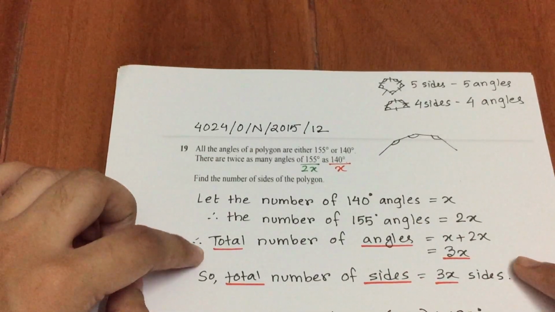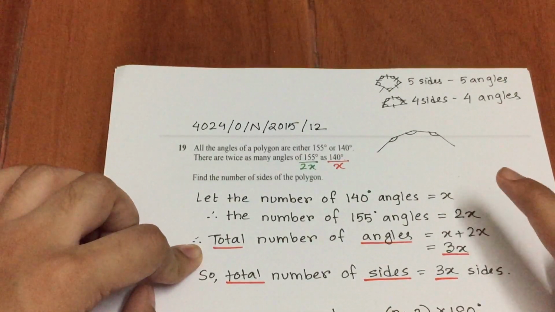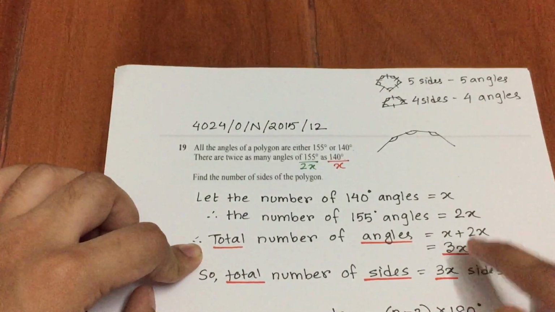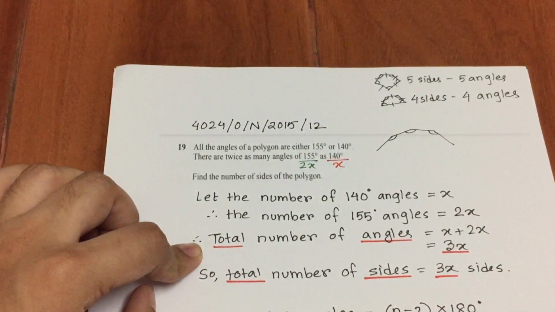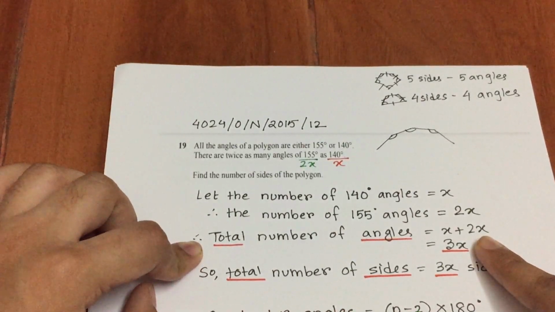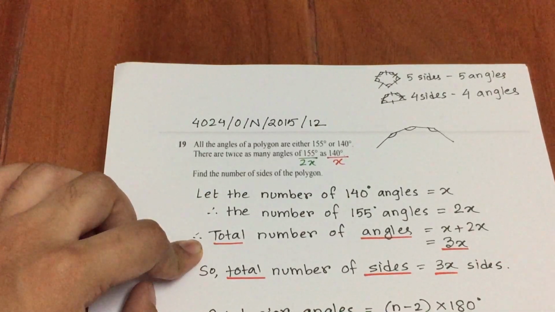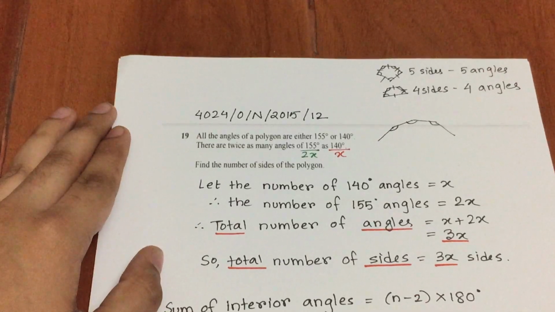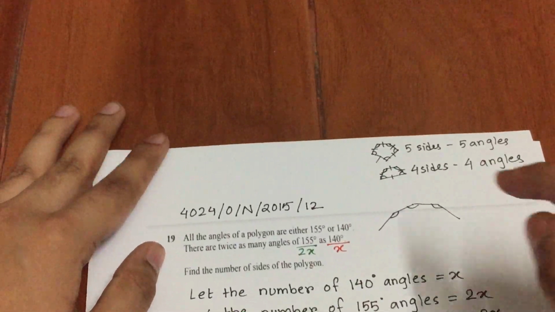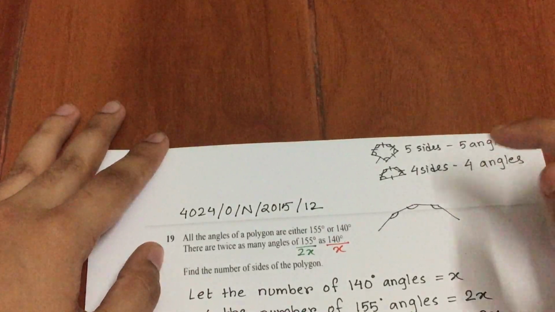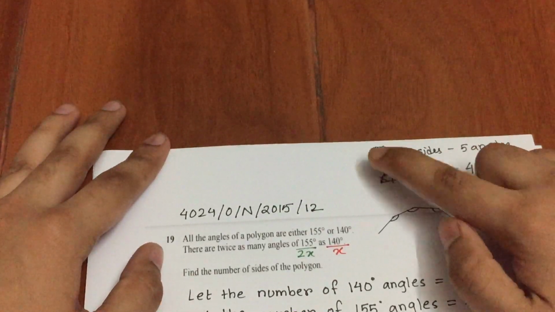So what's my total number of angles here? x plus 2x. So this polygon has a total of 3x angles. How many interior angles are there? There are 3x angles here. So there is another concept here: suppose if it's a 5-sided polygon, then you can see that there are 5 angles.